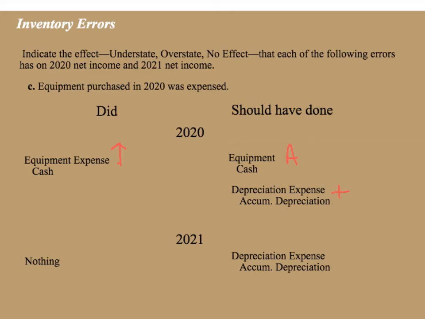If expenses are overstated, then net income will be understated for year 2020. What about year 2021? We are missing expenses. So instead of recording depreciation, we don't have anything. So our expenses are too low. They should have been going up, but they're too low.